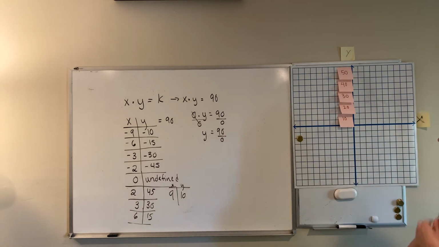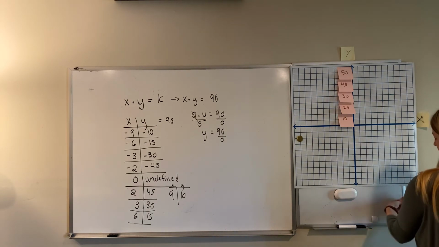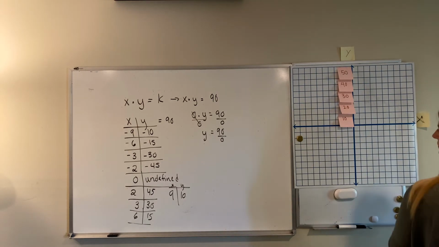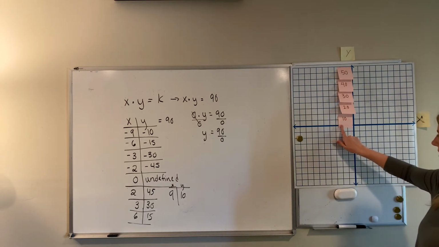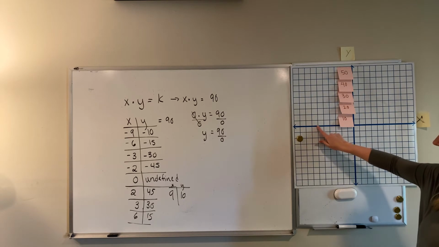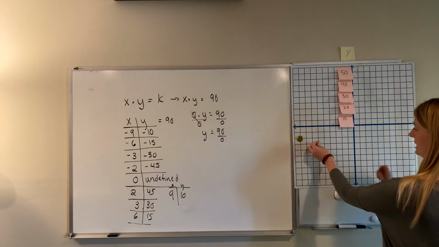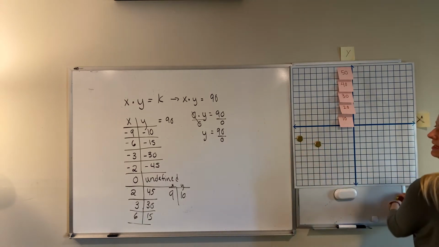Then I have negative 6, 15. So negative 6, 1, 2, 3, 4, 5, 6. And now I need to go down to 15. So here was 10, here is 15. Keep going.